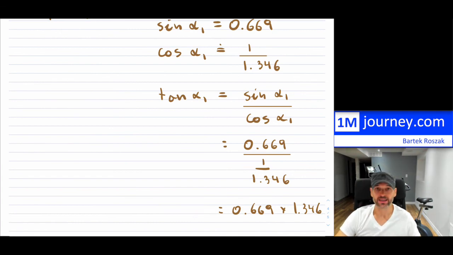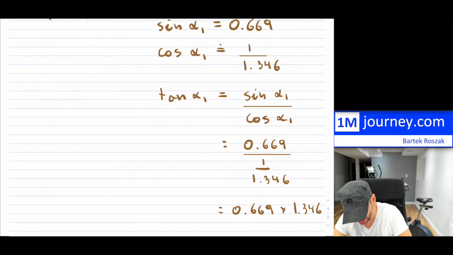1.346. Now, the other thing that you may notice is that instead of dividing by cos of alpha 1, you could have multiplied by the secant, because the secant is just simply 1 over cos. So another relation that you can say is that this is just sine multiplied by the secant.